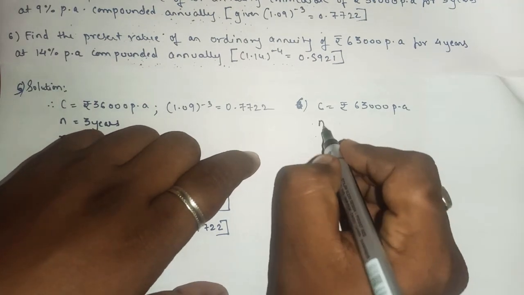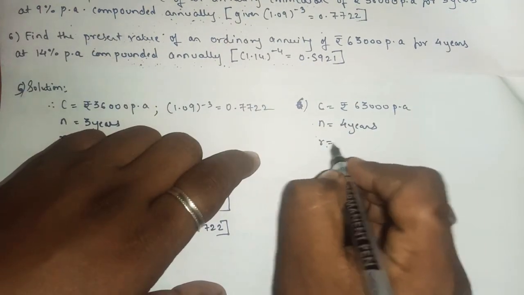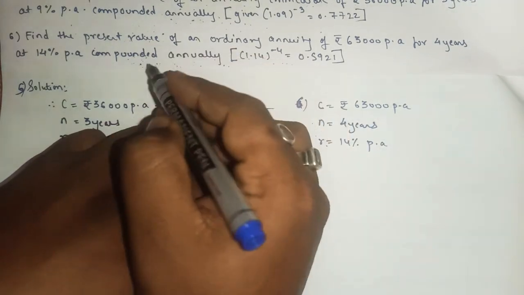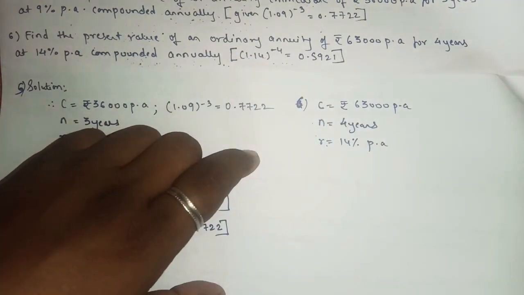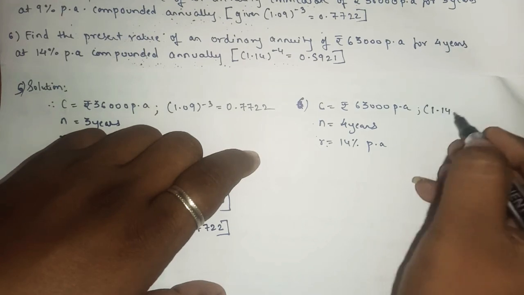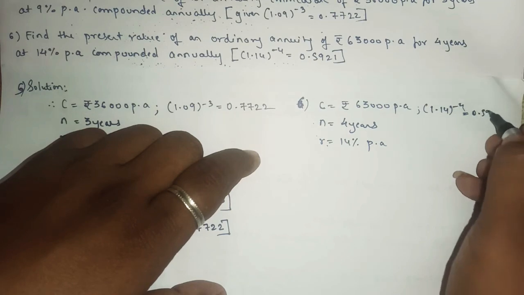N equals 4 years. The rate of interest is 14% per annum. Again it has mentioned clearly compounded annually. Here we have the value of 1.14 raised to minus 4 equal to 0.5921.